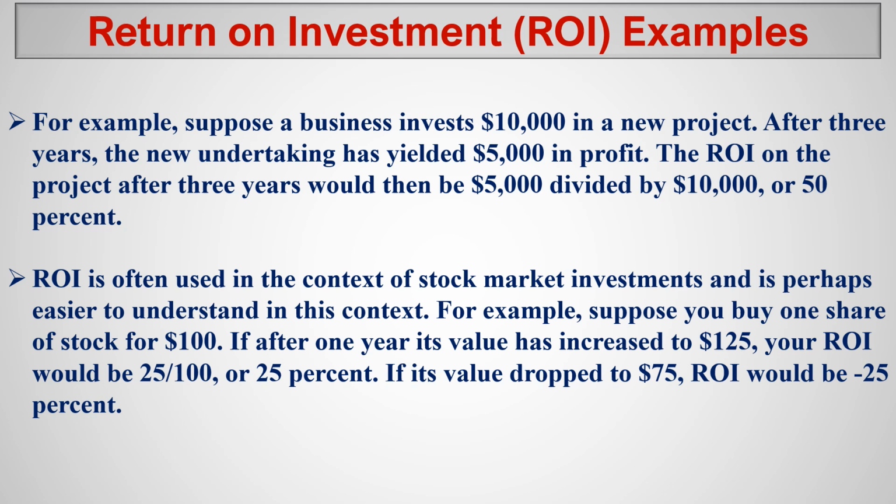So it's very simple. From this example, you can understand that we mainly use ROI for small projects with shorter durations, like 2 or 3 years. ROI is an easy indicator because for stable countries like Australia, America and Canada, the currency depreciation is low, like 1 to 2 percent.